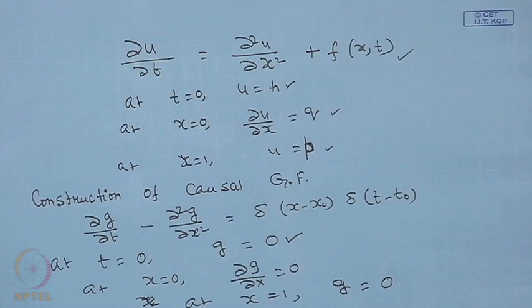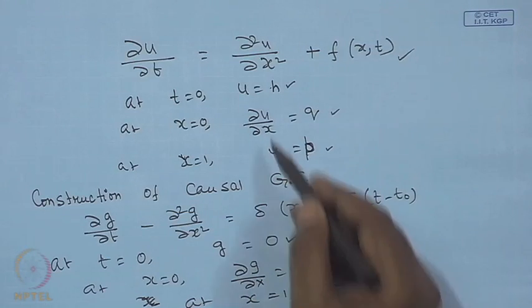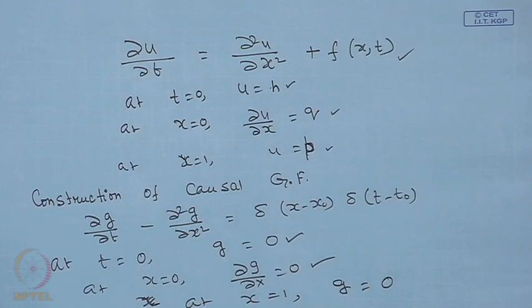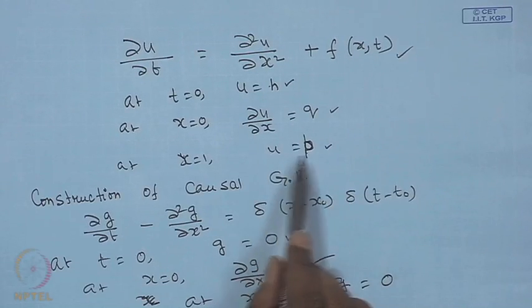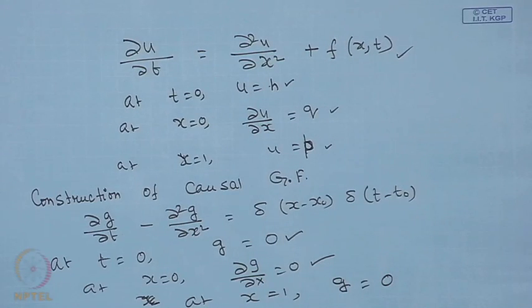We homogenize the initial condition. Then the boundary condition was at x is equal to 0, del u del x was equal to q. So, del g del x will be equal to 0 there. We just wrote the same form of the boundary condition, only the non-homogeneous term is forced to be homogeneous, and at x is equal to 1 the boundary condition prevailed, u is equal to p. So, therefore, this will be g is equal to 0.